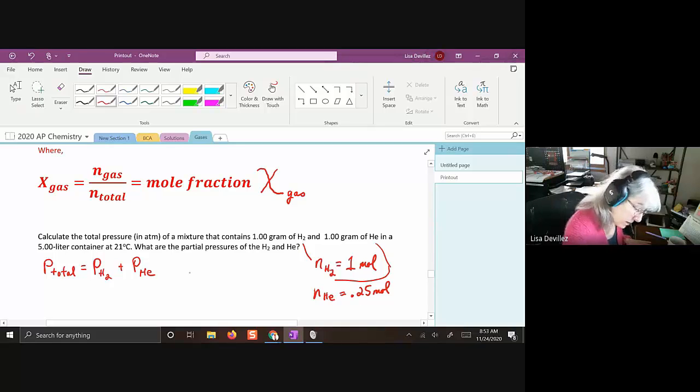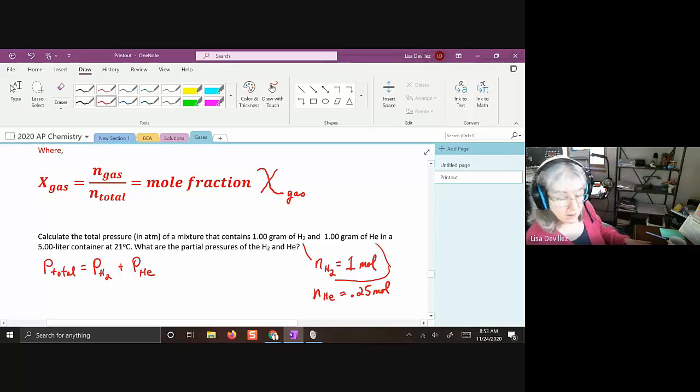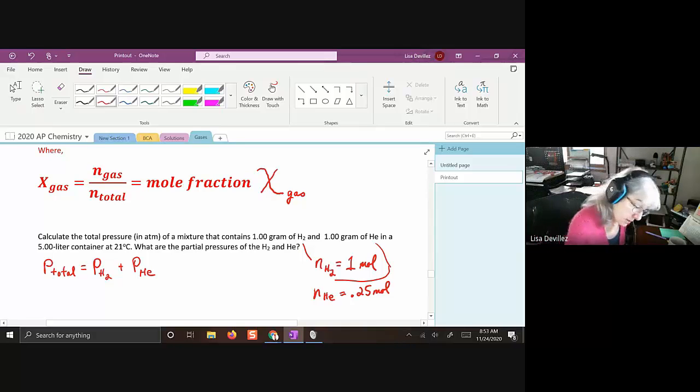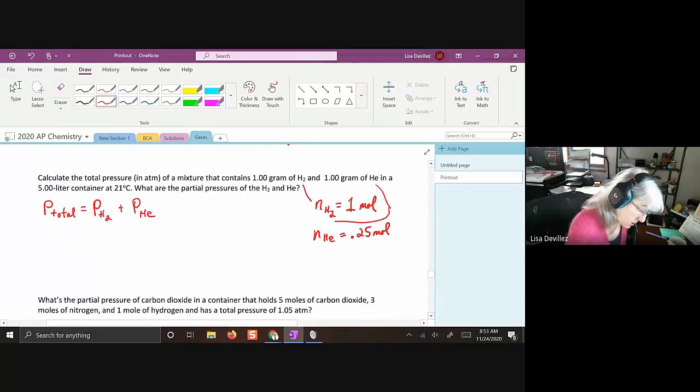So we can do 2 PV = nRTs to get those partial pressures. All right, and we're going to kind of do this 2 ways just to show you that mole fraction expression there. All right, so pressure of the hydrogen times my volume, which is 5. My moles of hydrogen are 1, R is 0.0821, and my temperature 273 plus 21. So I'm getting, what in the world?